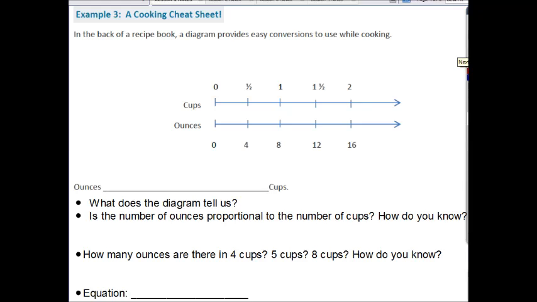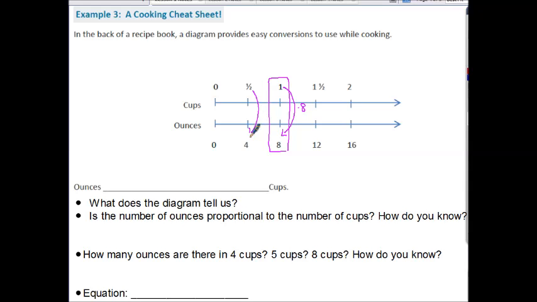So we have to decide if this is going to be proportional, meaning is it always multiplied by the same number? So the easiest way to look at this is actually to identify, in this case, we have a unit rate right here. Notice here we have 1 would have to be multiplied by 8 to get us 8. So let's see if that works in the other one.